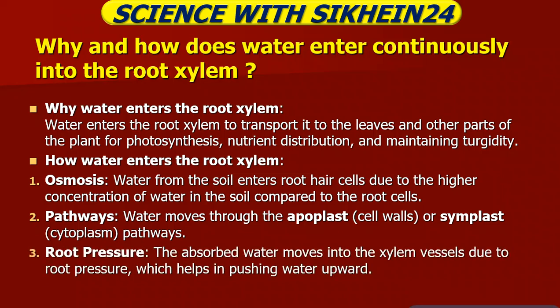Root pressure: water moves into the xylem vessels due to root pressure, which helps in pushing water upward. This point is also very important, and I think you should keep it in mind.